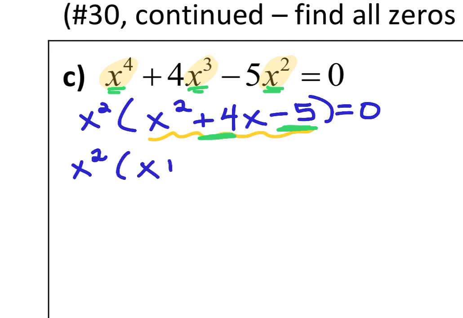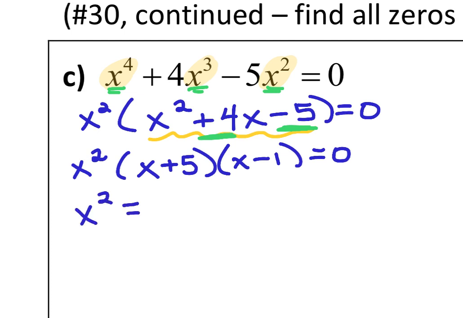So x plus 5 and x minus 1, all of that equals 0. You're going to set each factor equal to 0. So x squared equals 0, x plus 5 equals 0, and x minus 1 equals 0.